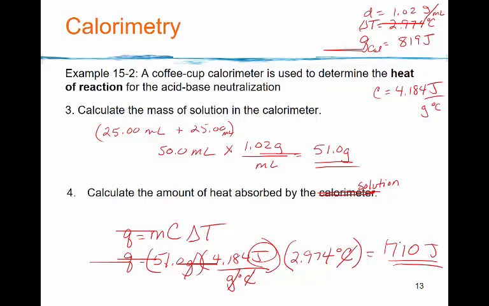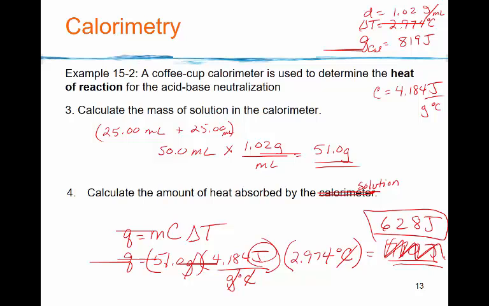Oh, sorry, no, I bet I freaked you out a little bit. 628, sorry, I'm getting ahead of myself. 628 joules, and that's absorbed by the solution. So now we have 628 joules absorbed by the solution, 819 joules absorbed by the calorimeter, and the 51 grams, the mass.